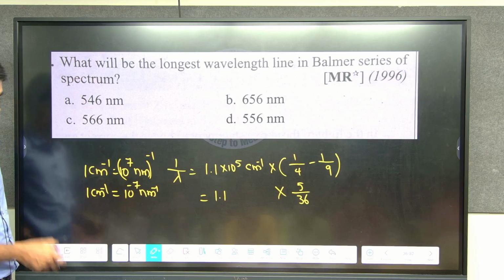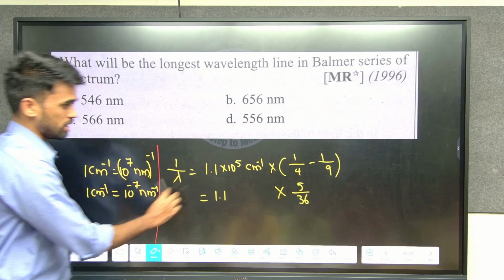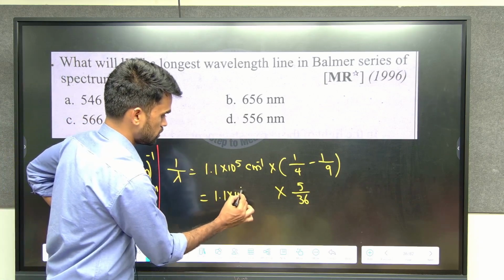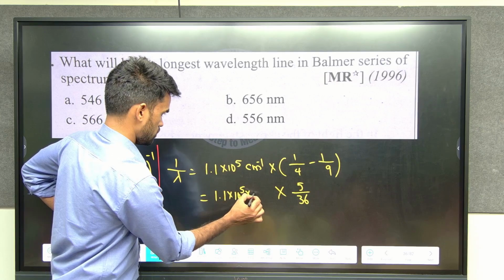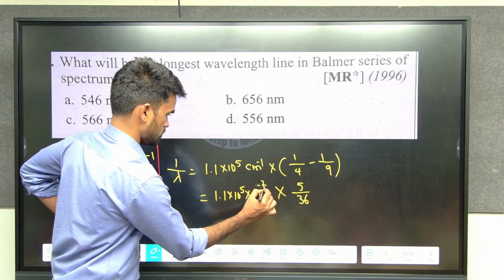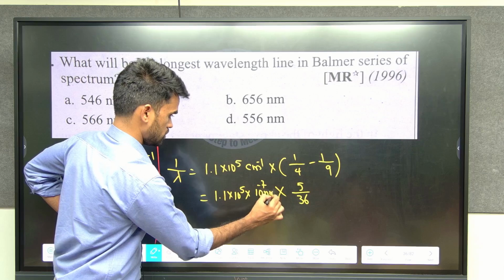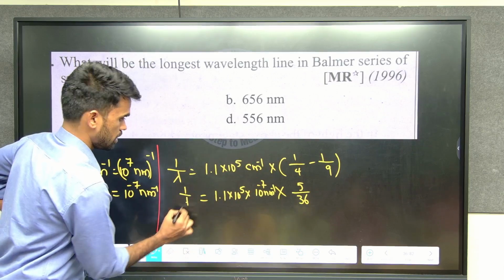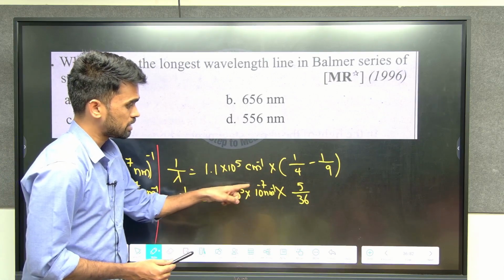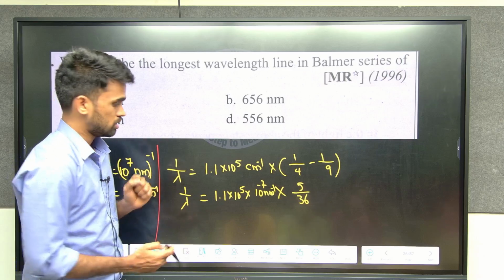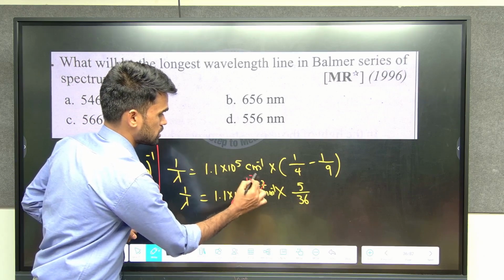Yes or no? Is this clear up to here? Yeah, so try to substitute here. Inverse 1 by lambda. See, 10 power 5, 10 power minus 7, 10 power minus 2.